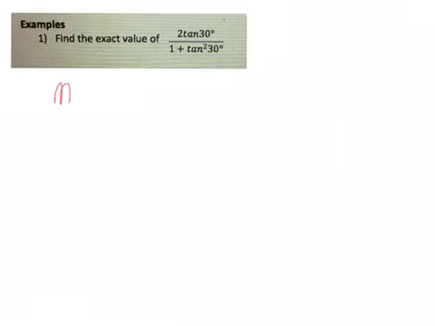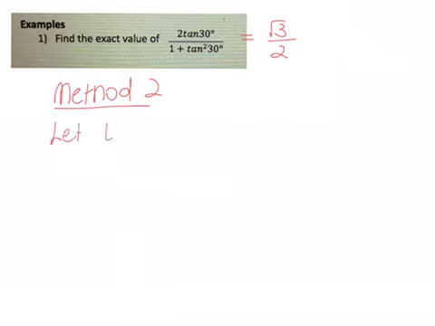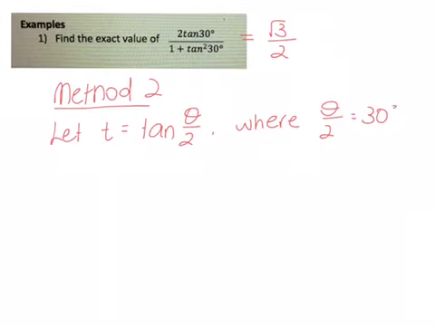Now looking at method 2, which is the t substitution method, and knowing that we need this to get to an answer of root 3 on 2, we'll see that the t formula method is actually the much faster method in this case. So we'll start by making the statement that we'll be using the t substitution for tan theta on 2, and that gives us that theta on 2 must be equal to 30 degrees.